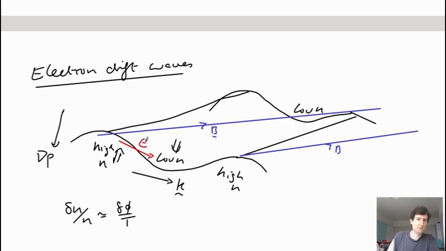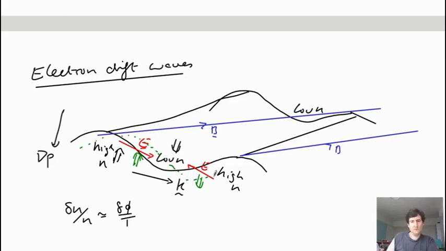So here we have E fields like this, and E fields like that. These electric fields will produce E cross B drifts, so this electric field will produce an E cross B drift which is upwards, and here this will produce a drift downwards. And so what this does is it produces a wave which pushes the wave along in this direction here.